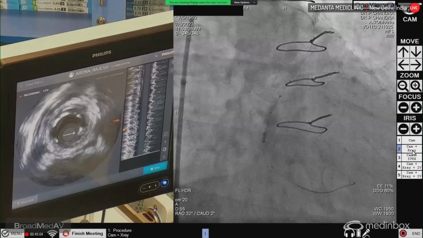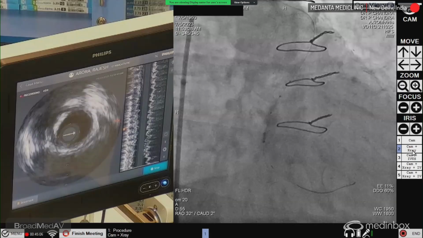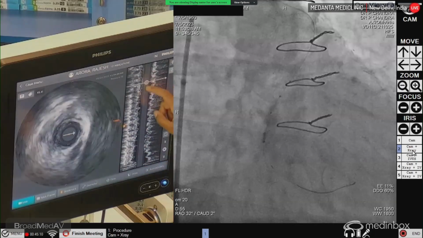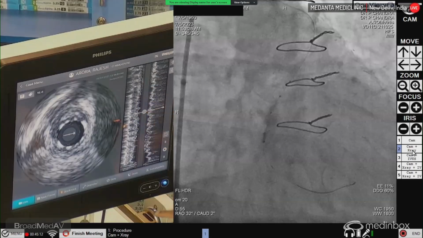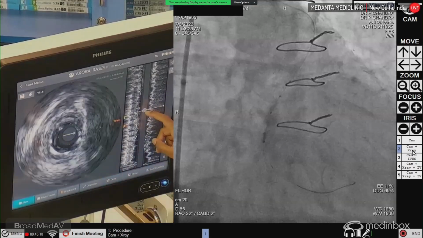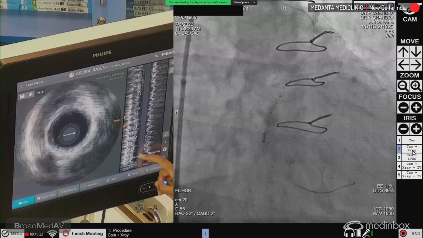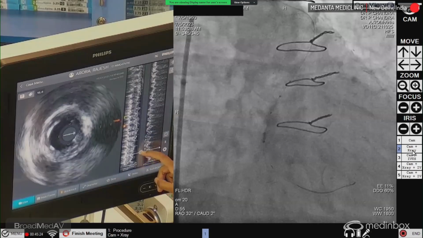Okay, fine, stop please. Can you measure? So you can see that we got a good MSA out here, 5.8, which I'm quite happy with. And the distal and the proximal edges are okay.